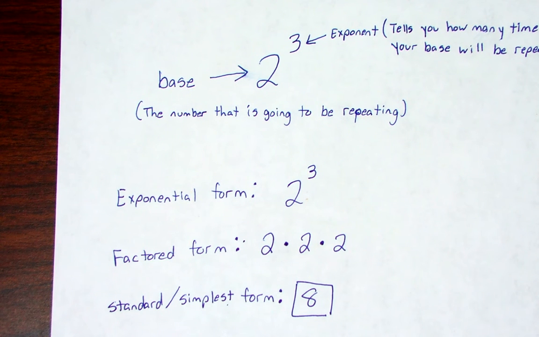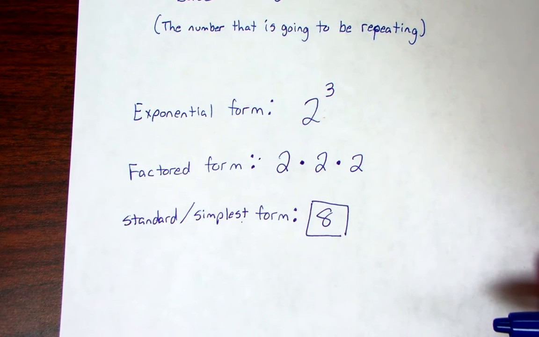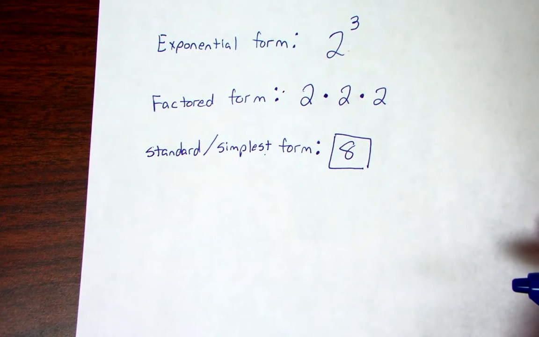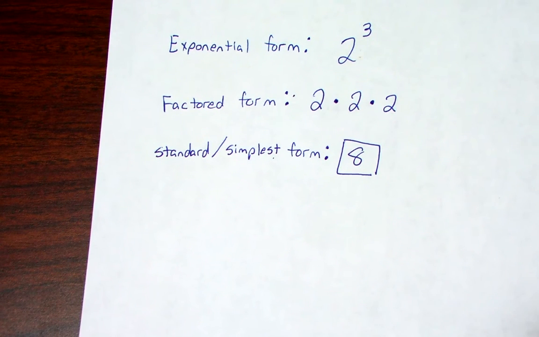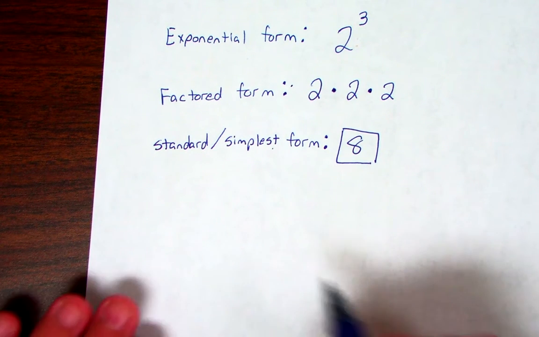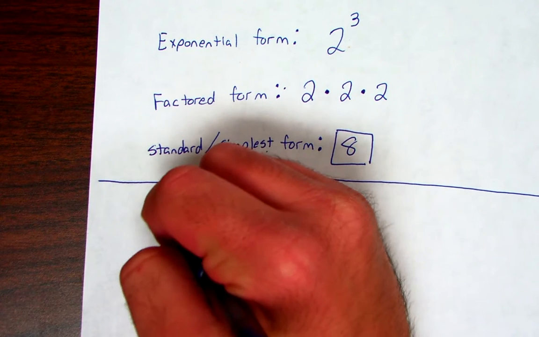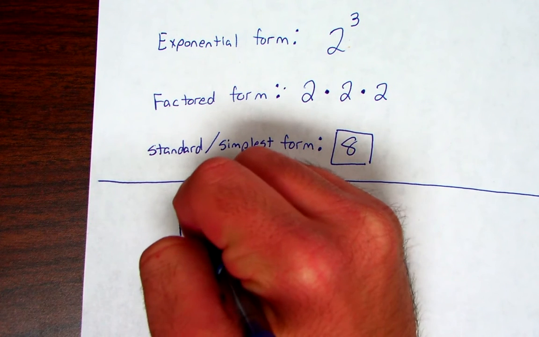Alright. So let's do one more. In this case, I'm going to write factored form, and I want you to give me the exponential form and the simplest standard form. So I'm going to give you some time on this one. So here's your factored form.